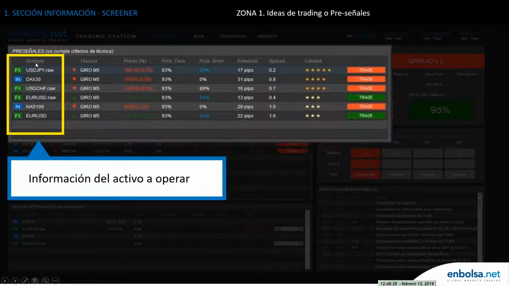In the first part of the box, we can see the type of asset we can use that trading strategy with. As we pointed out before, in green we find currencies, in blue indexes, and in yellow commodities. Within the global indexes, we normally work with the European ones as the German DAX, the Spanish IBEX 35 or Euro Stoxx 50.